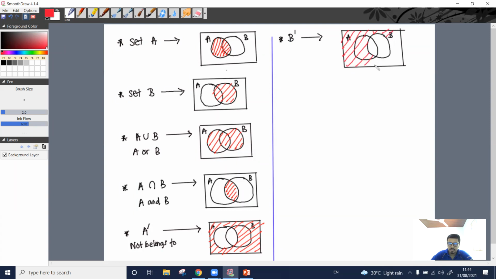Apart from B, the rest of the stuff. B dash.